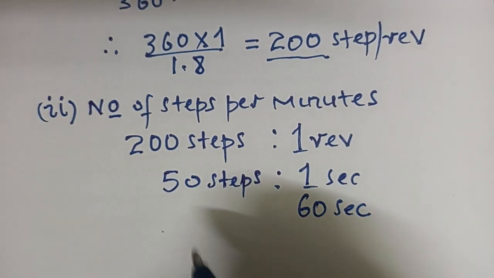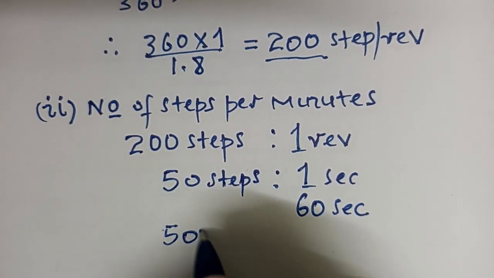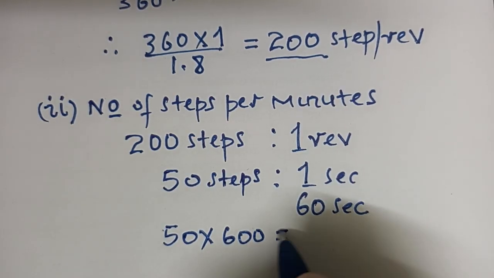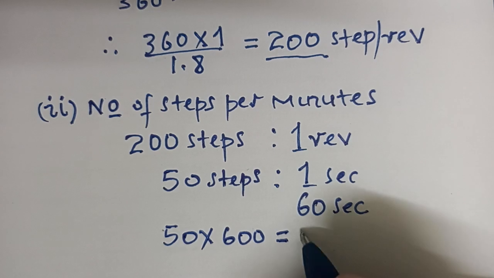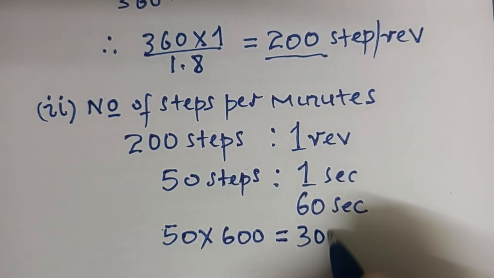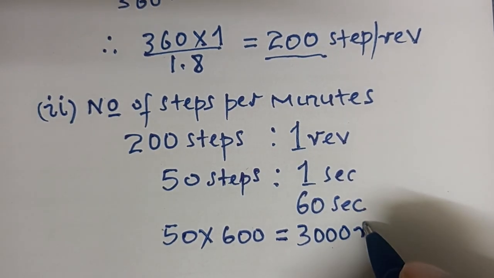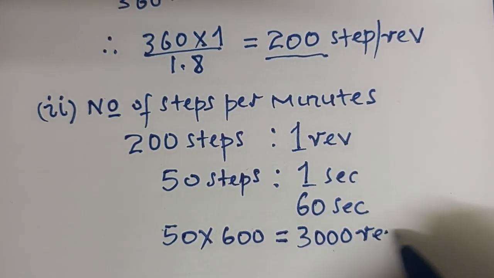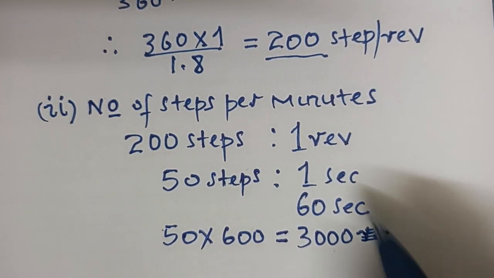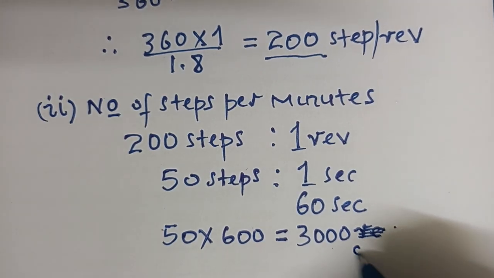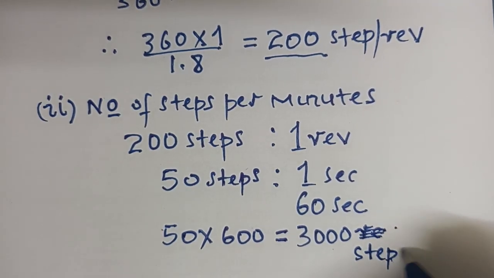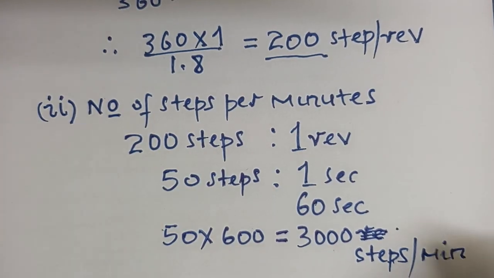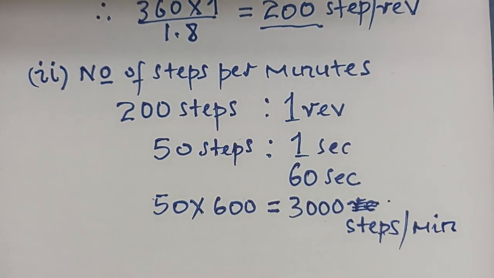And so therefore we shall have 50 multiplied by 60. And therefore, our solution is 3000 steps, that is steps per minute. And so we are done with that.